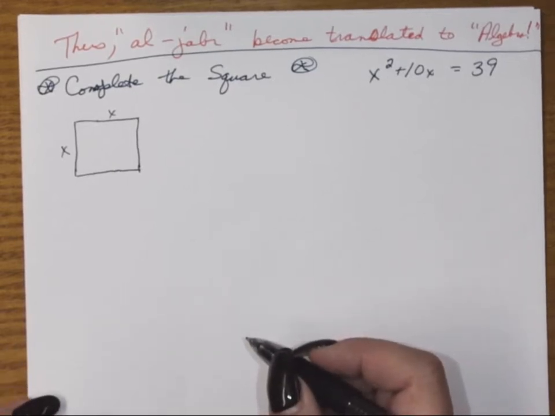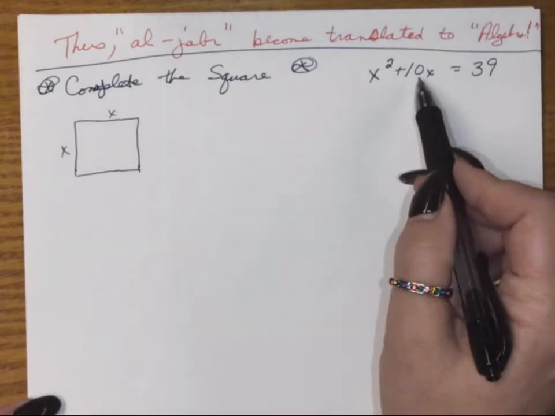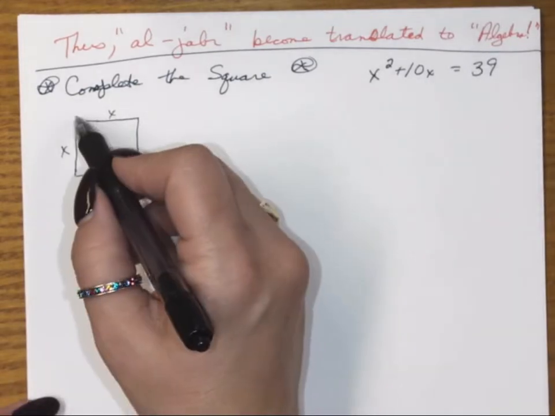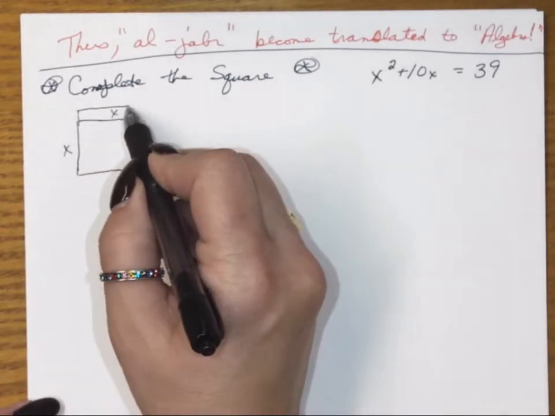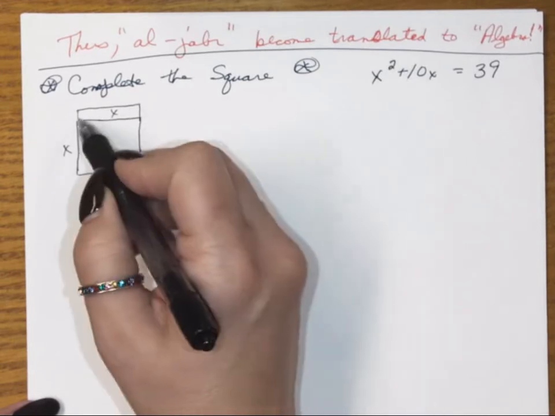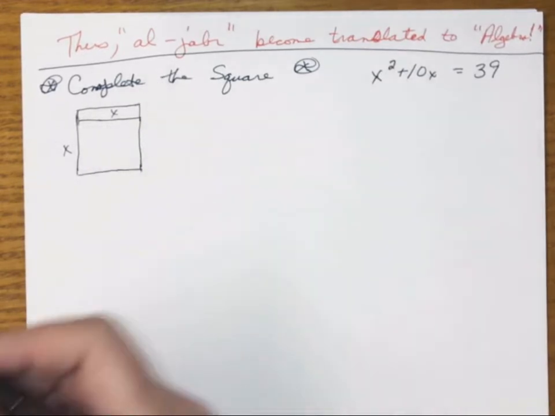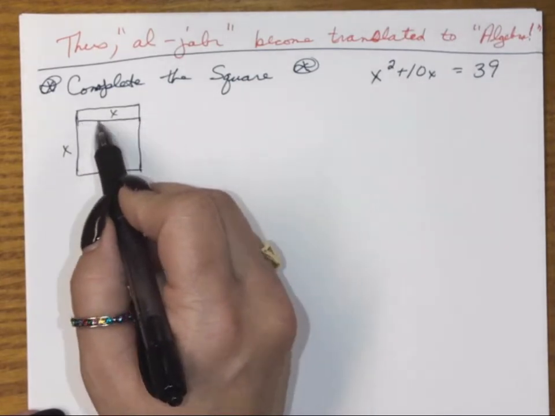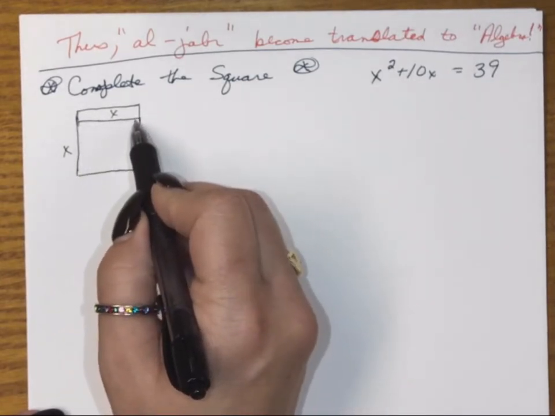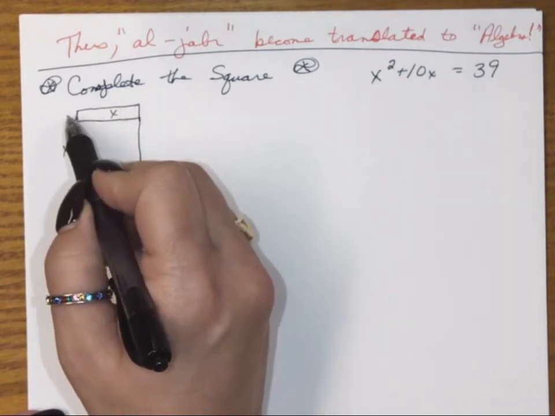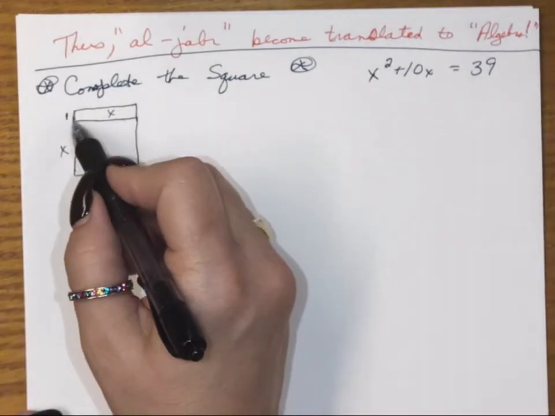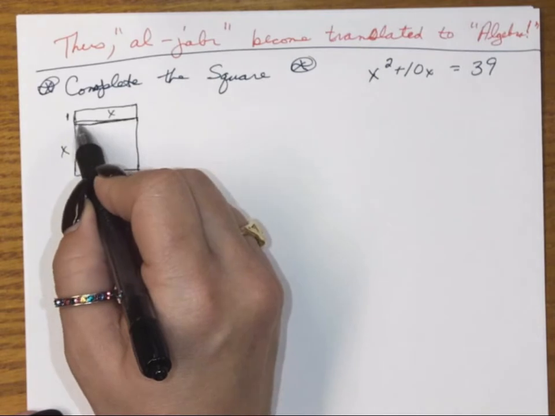Okay. Whenever I'm doing, for instance, here, I've got this x squared plus 10x. One of the things that they might do is take that 10x, and if you've ever done any work with algebra tiles or algebra blocks, you might have seen something like this. If I had just one piece here that was x units long and 1 unit wide, that would be the rectangle whose area is 1 times x, right?